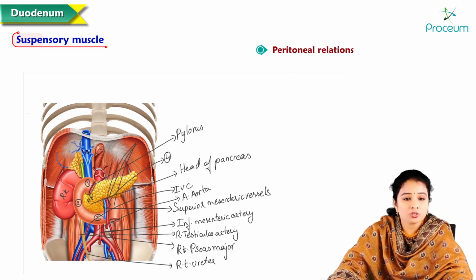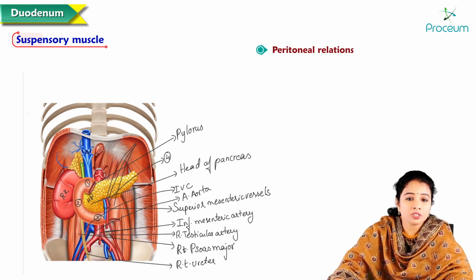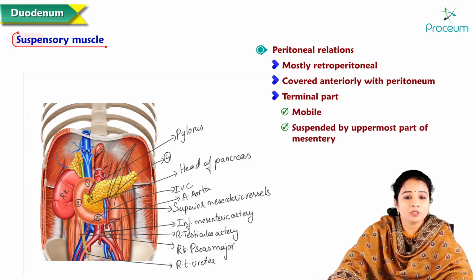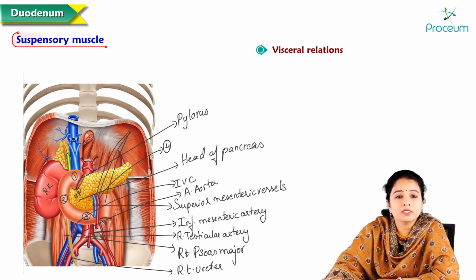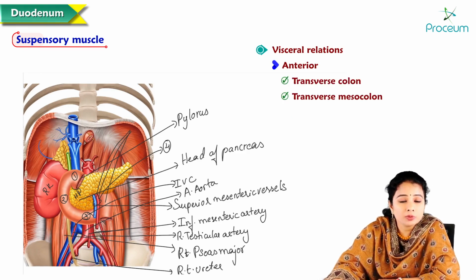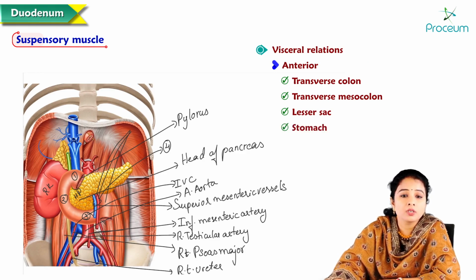Peritoneal relations of the last part, the fourth part of duodenum: it is mostly retroperitoneal and covered anteriorly with peritoneum. Its terminal part is mobile and is suspended by the uppermost part of the mesentery. Visceral relations: anteriorly it is related to the transverse colon, transverse mesocolon, lesser sac, and also the stomach.